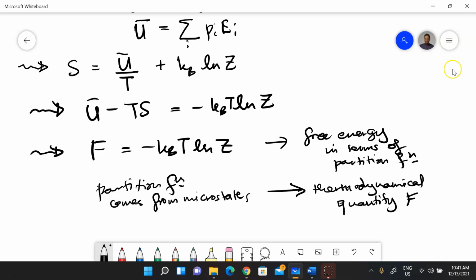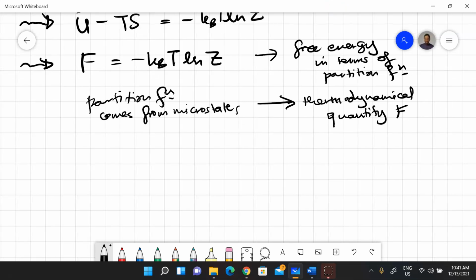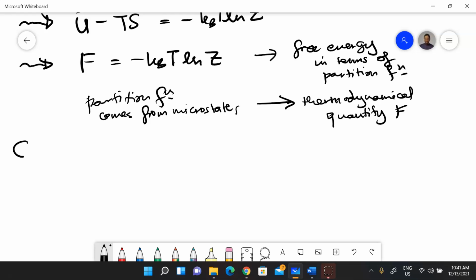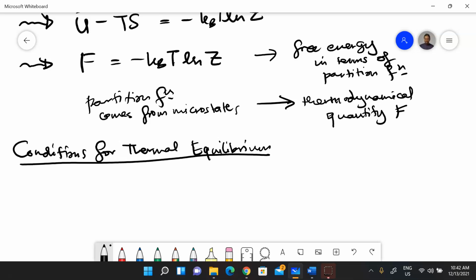So next thing is to look at thermal equilibrium. Conditions for thermal equilibrium. Earlier we had the Boltzmann probability distribution.